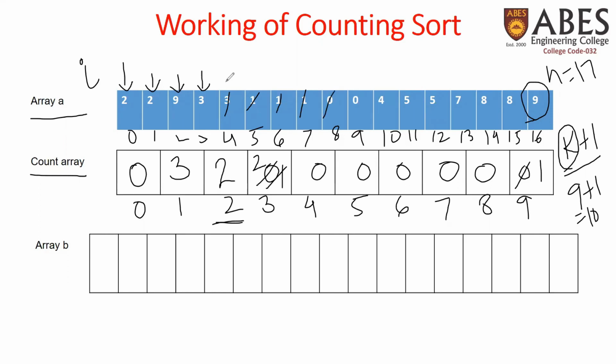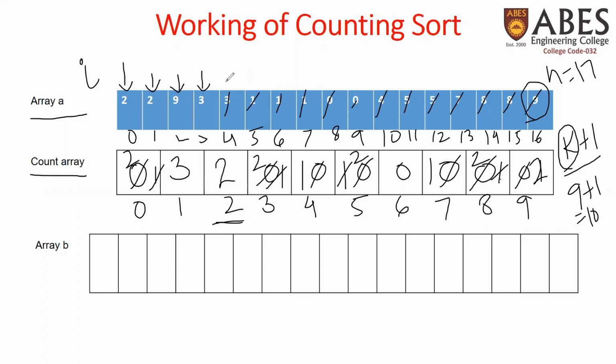Now again facing 0, update this value by 1. 0, update this value by 2. 4, update this value by 1. 5, update this value by 1. Again this is 2. 7, position 7, update this value. 8, update this value. 8, update this value. And when you are facing 9, update this value by 2.